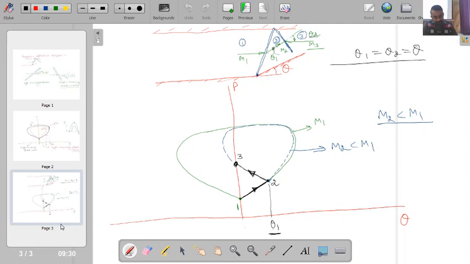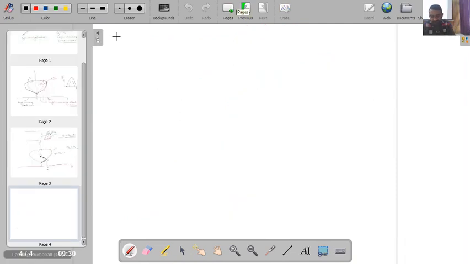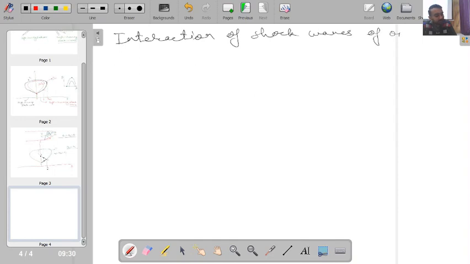Okay, now let's try to see the interaction of shock waves of opposite families.